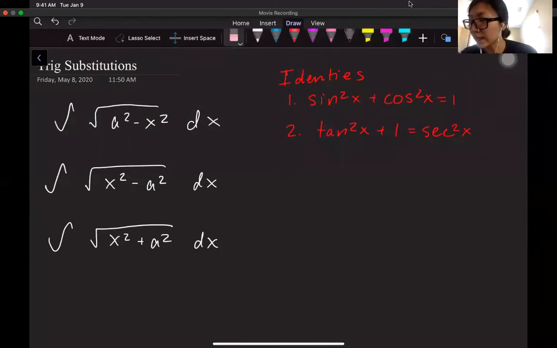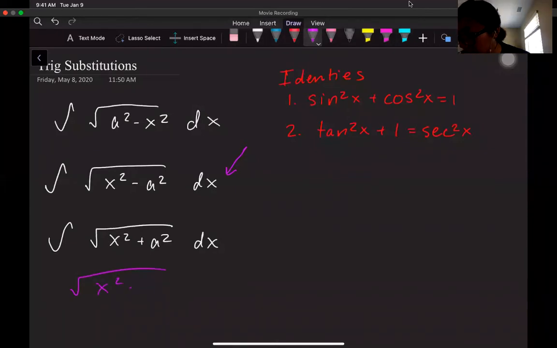So what that looks like is, let's say that I'm considering this integral right here. My integrand is the square root of x squared minus a squared. So things that we want to look at is, okay, I have an x squared minus a squared. Which identity has a minus constant? Well, of the two identities that I've written in red, none of them have a minus constant.